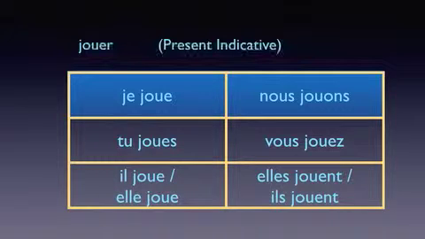We label this row first person because the person who's speaking is also the person you're speaking about. If I say I am playing, I'm definitely referring to myself. If I say we are playing, I'm referring to myself and the others who are playing. It's sort of like I'm doing the speaking, so I am the first person in the conversation.